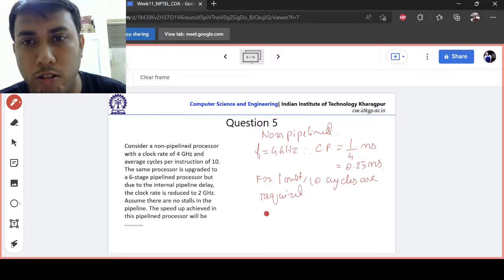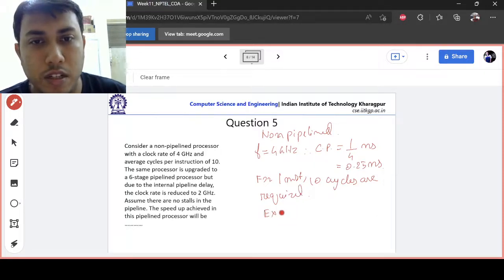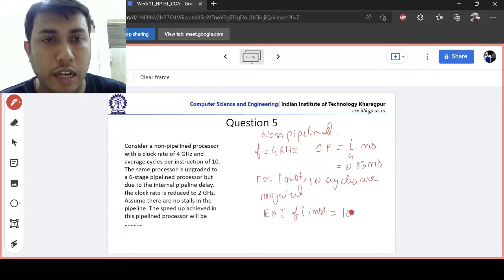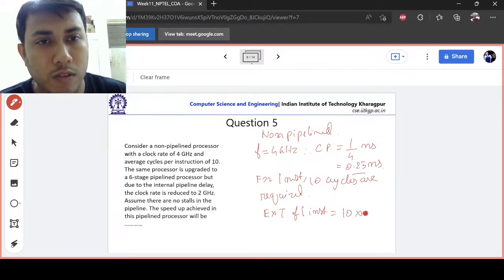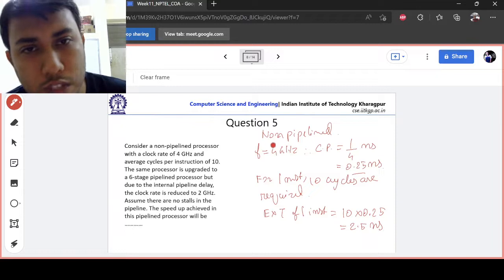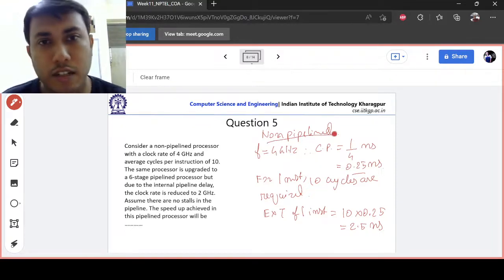Therefore, the execution time for one instruction will be 10 into 0.25, that is 2.5 nanoseconds. So this is for non-pipelined.